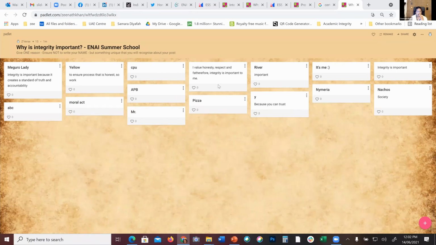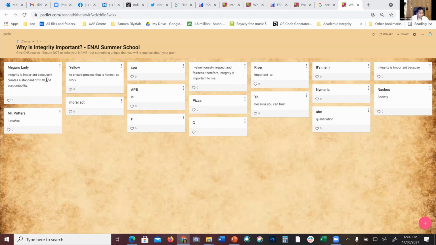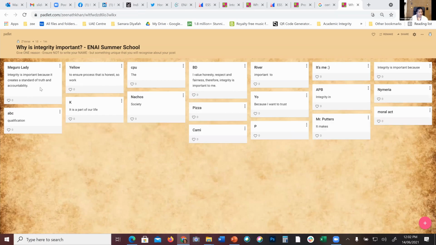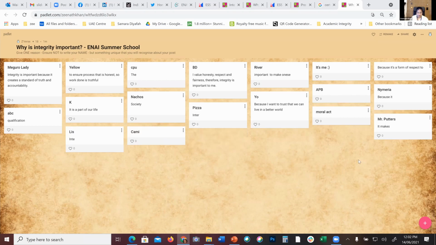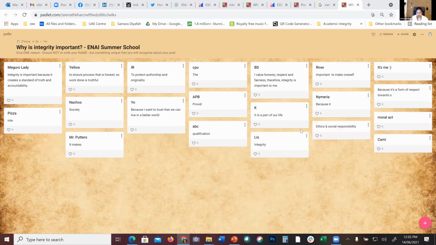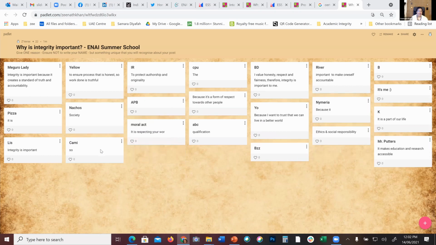Okay, so we've already got an answer here. It says, I value honesty, respect, fairness, therefore integrity is important. Integrity is important because it creates a standard of truth and accountability. Okay. Because I want to trust that we can live in a better world.